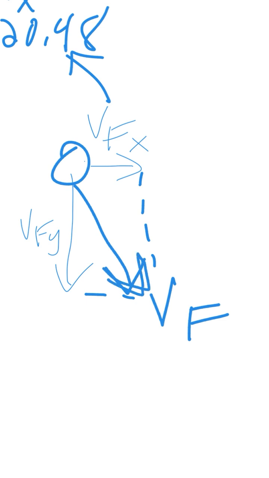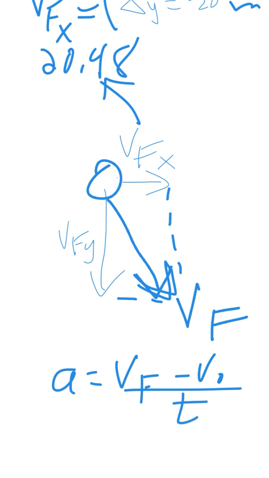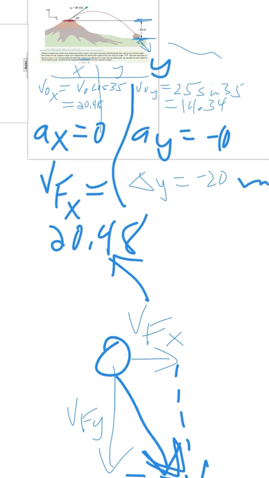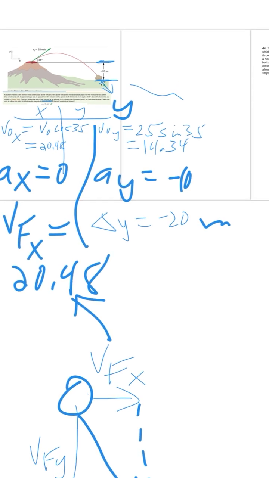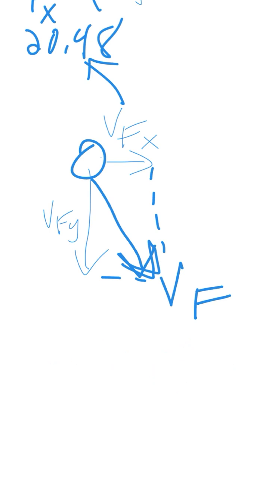Okay, so let's find VFY. I know A equals VF minus VO over T. Well, I've got to find the time first. How about this way? Maybe I can do it without finding the time.